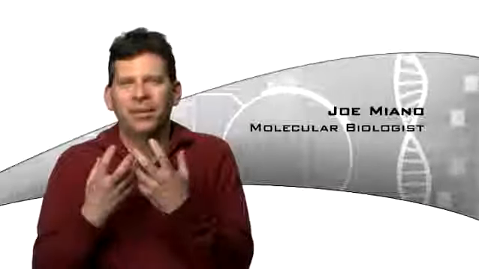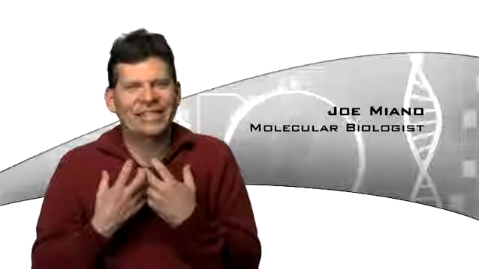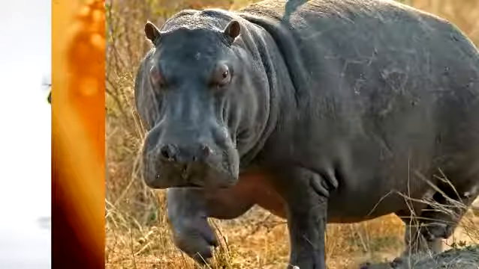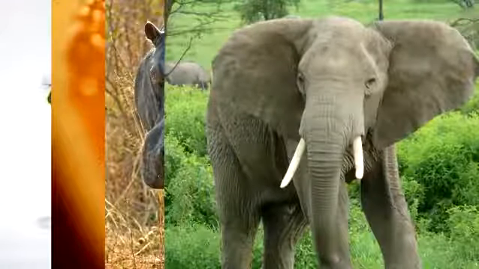Chemically, the DNA in the cells of my body is the same as that in a fruit fly, an orange, a hippo, an elephant. It's all the same chemically. The uniqueness to all of those species of living things lies in the information content of the DNA.